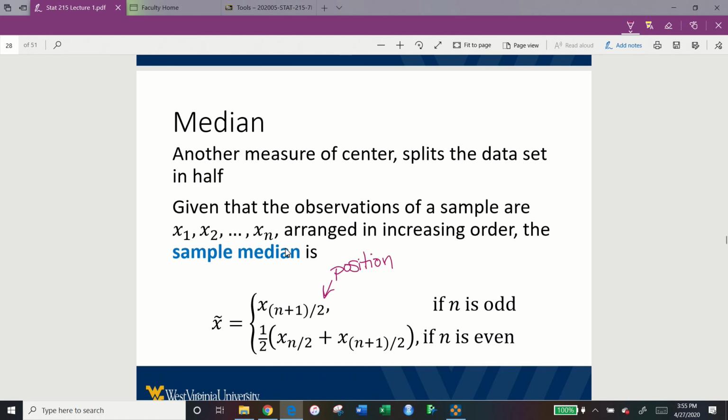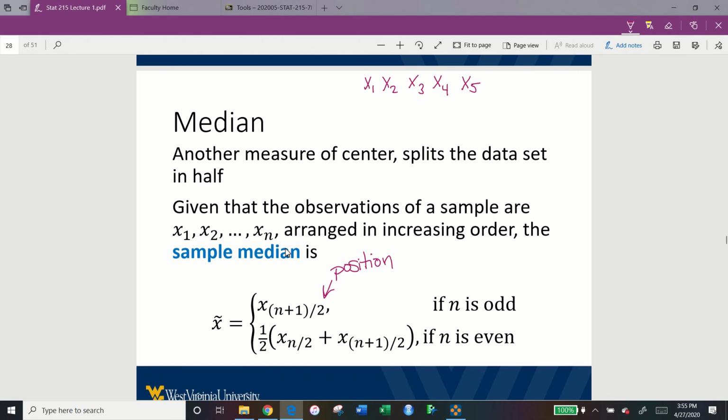And we have to do this theoretically because we're not looking at an actual example yet. So if we think of we have x1, x2, x3, x4, x5. We now have n is odd because we've got 5.